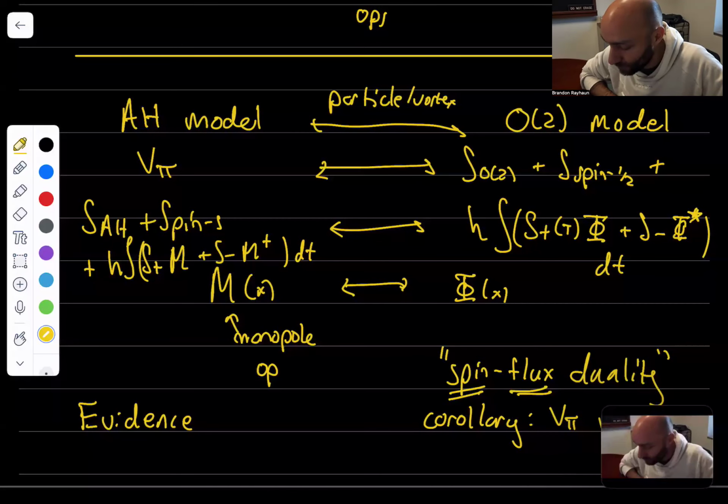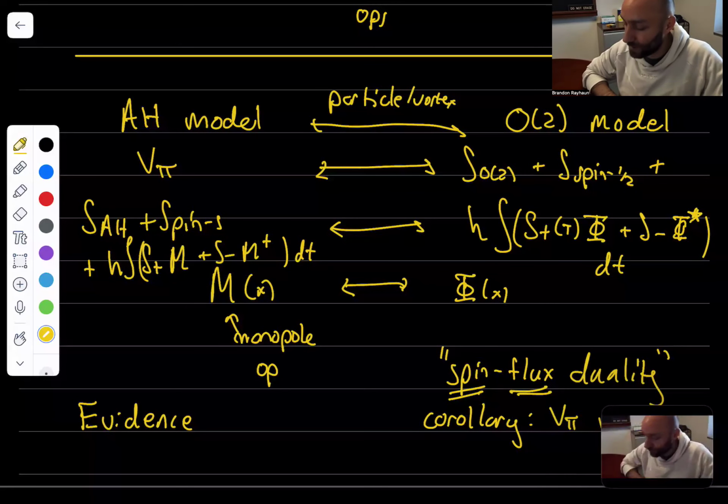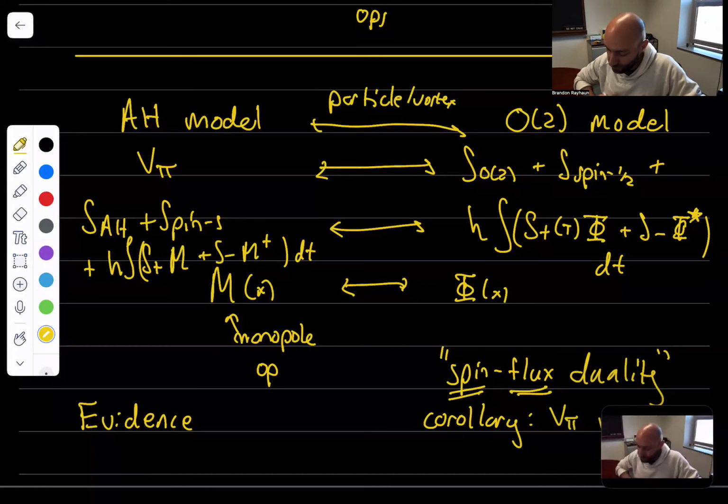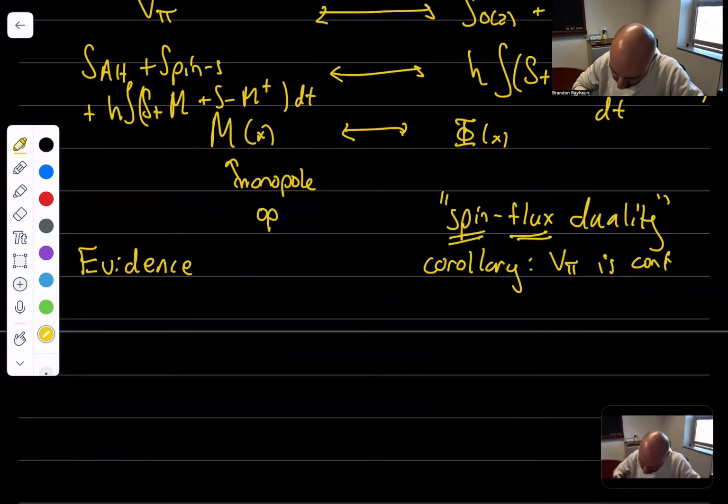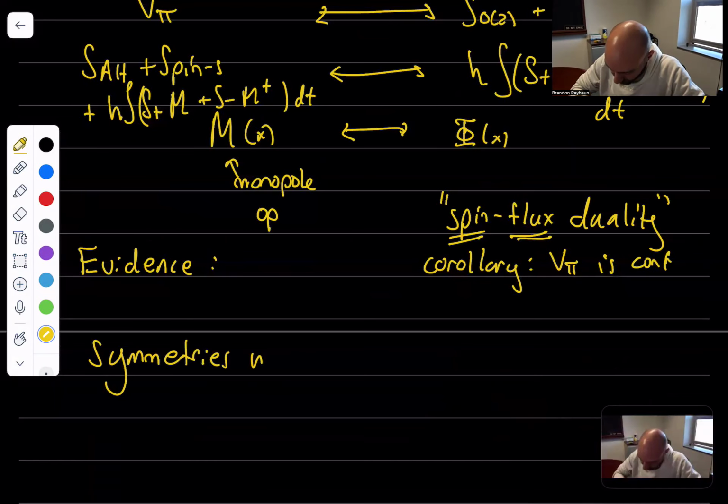This O2 symmetry has a defect 't Hooft anomaly for spin 1/2, and you can use the g theorem to prove that the spin 1/2 impurity is also conformal. So if you believe this spin-flux duality conjecture, then that implies that the pi flux vortex line is also conformal. So the evidence is that the symmetries match.